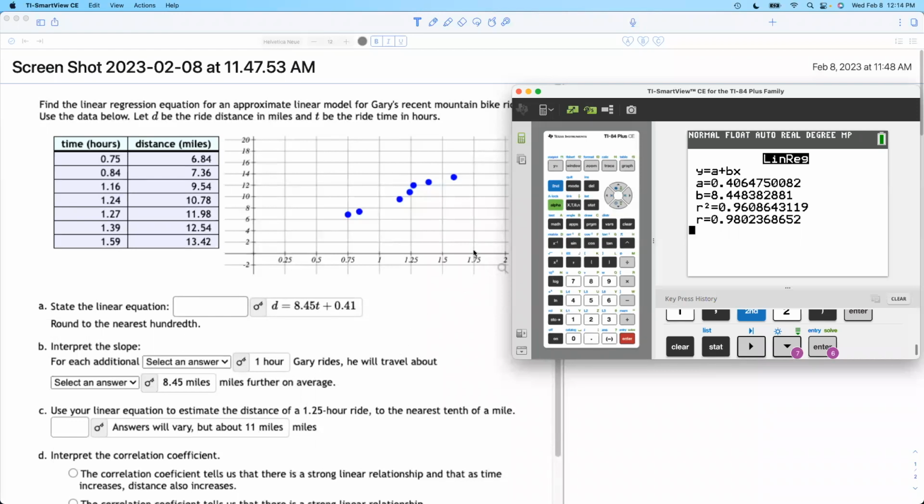What about the Y-intercept? The Y-intercept is 0, comma, A. So there we would say the model predicts at time 0, Gary was a distance of 0.4 miles from his starting point. Clearly, that doesn't make any sense.